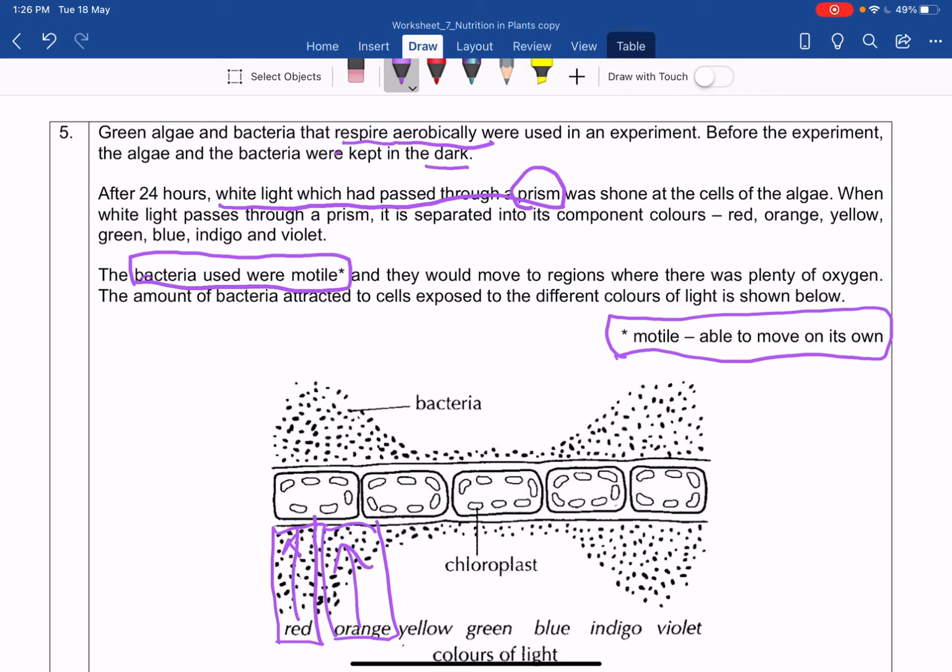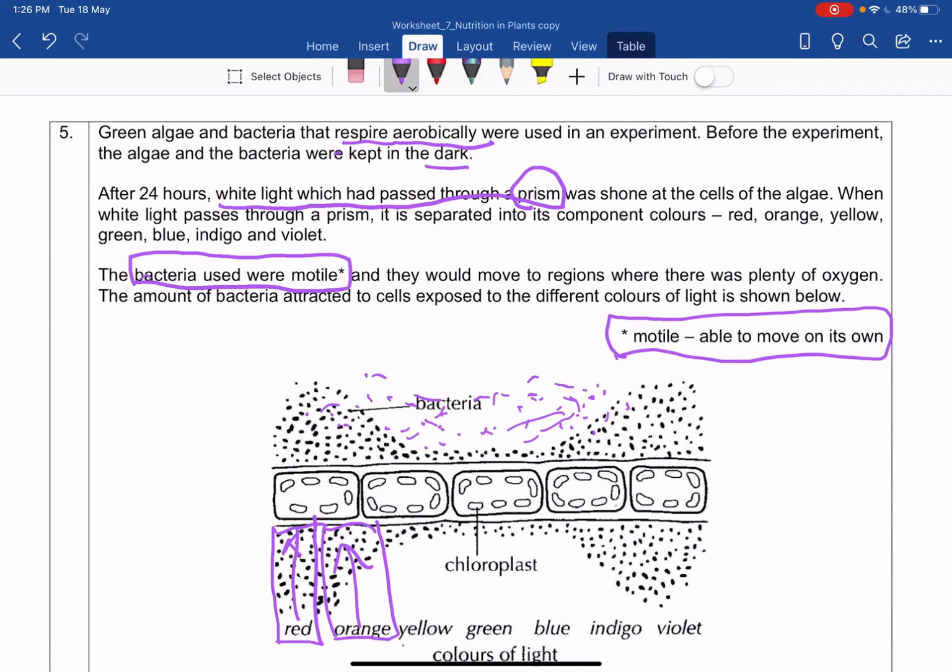At the start, in the dark, the algae and bacteria were respiring and no oxygen was being produced by the algae, so the bacteria will be spread out evenly throughout all the cells.